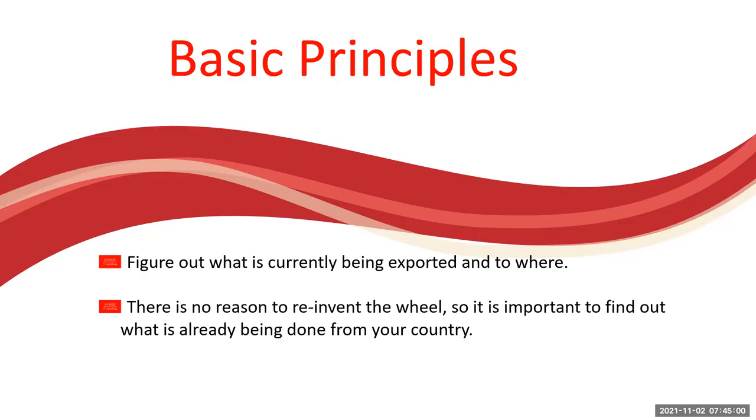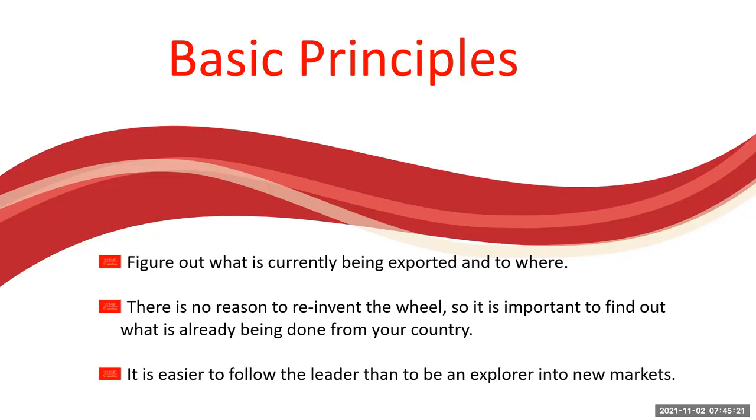It's called a loss leader. It brings the customers to us and leads them into us. We may lose money on it, but at the end of the day, we actually make money because it brings the customer and develops a dialogue, gives us the skills. So there's no reason to reinvent the wheel. Find out what is currently being exported by looking at the statistics. How does that then apply to your business?